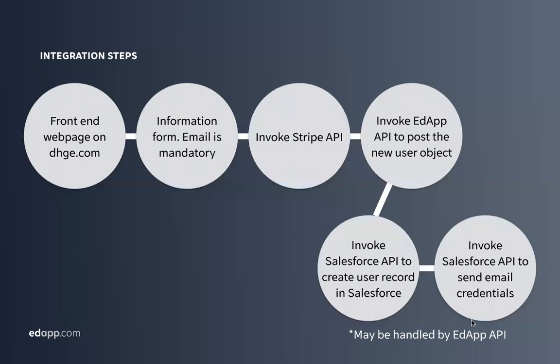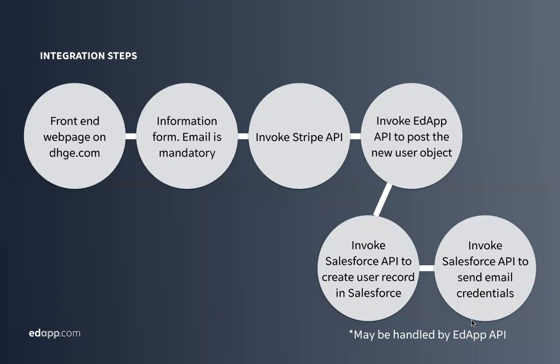On the payment processing side, there's a script that runs after the payment is successful. We create a strong random password for the user. We invoke the EdApp API to post a new user object that includes the username, the generated password, and a correct user group ID, which corresponds to the course.